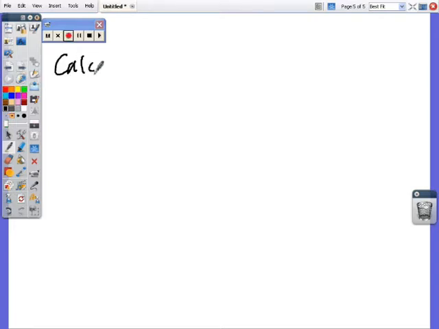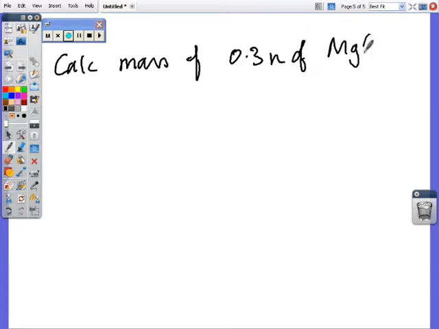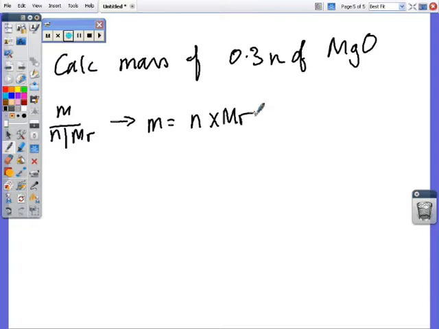Okay, let's move on to another worked example. This time we are going to calculate the mass. So we've changed the subject of the equation from moles to mass of 0.3 moles of magnesium oxide. So we've just got to change the subject of our equation around this time from moles as it was previously. This time it is mass, m. Moles and Mr are on the bottom line together, so mass equals moles multiplied by Mr. Moles from the question is 0.3.